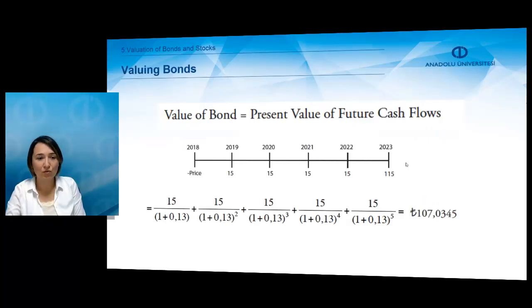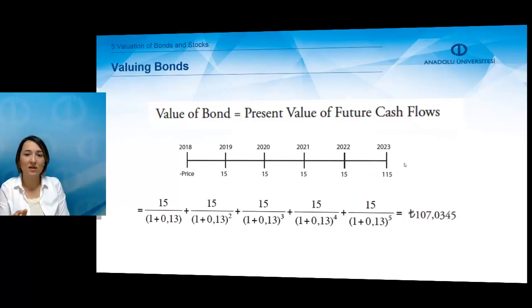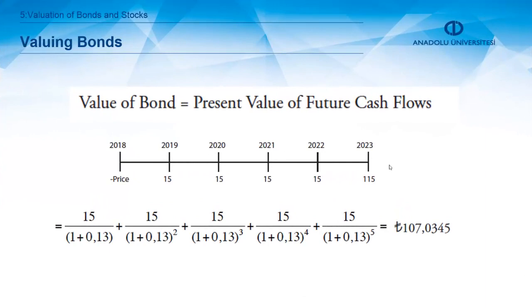When we want to value a bond, we want to take everything to the present, because we make decisions today about buying or not buying, or selling or not selling. So we have to find the present value of future cash flows from our investment.